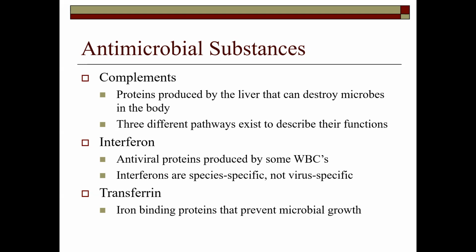The bacteria have the siderophores, which allow them to steal away our iron, and our bodies have transferrin. Transferrin binds the iron to keep it away from the bacteria. So the bacteria are trying to steal our iron with the siderophores, and we're trying to keep it away from them with the transferrin. It's a battle back and forth over the iron.